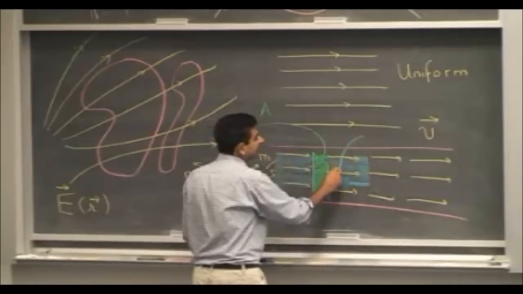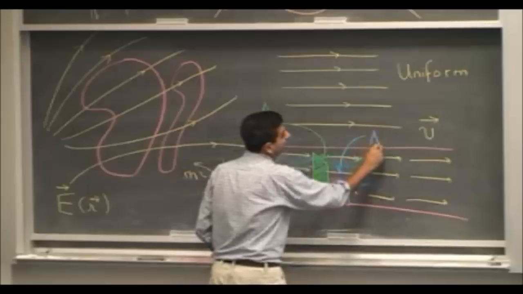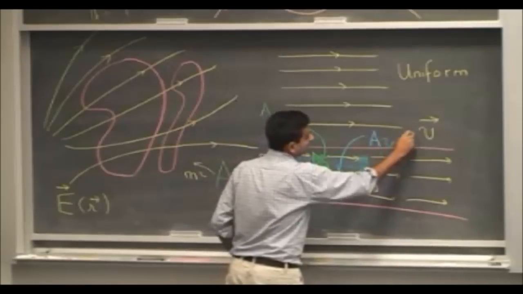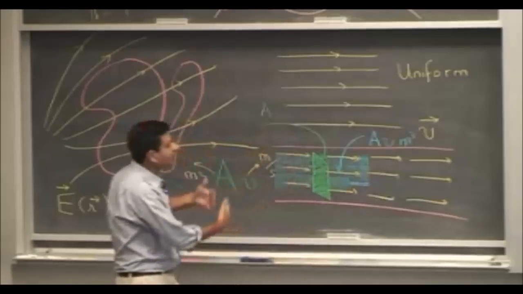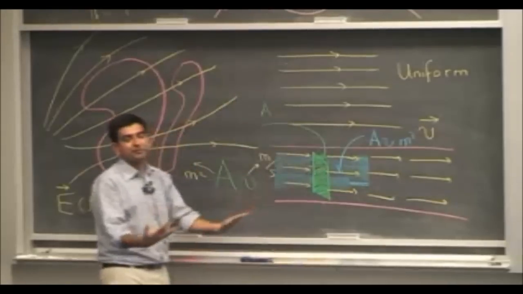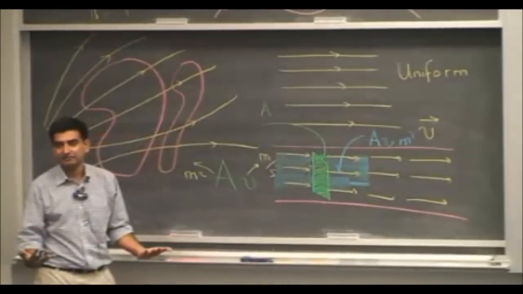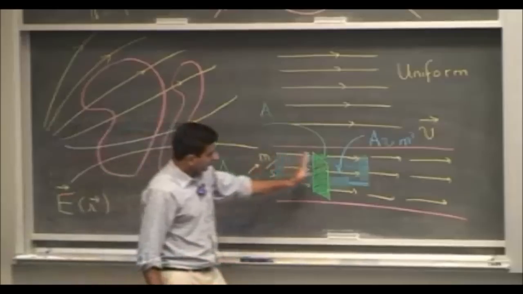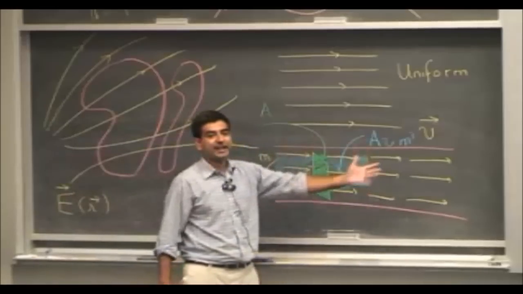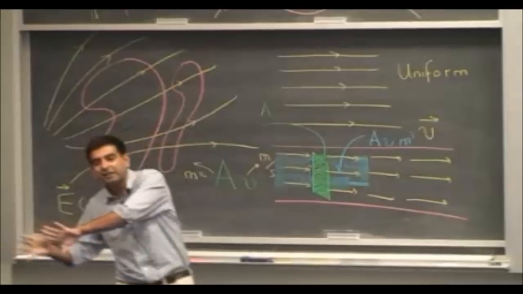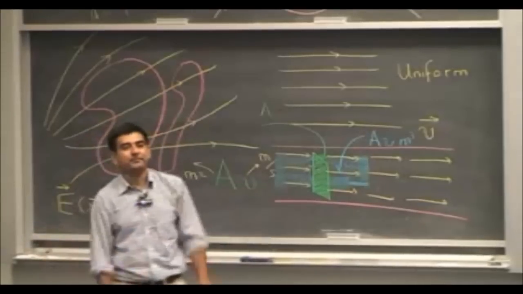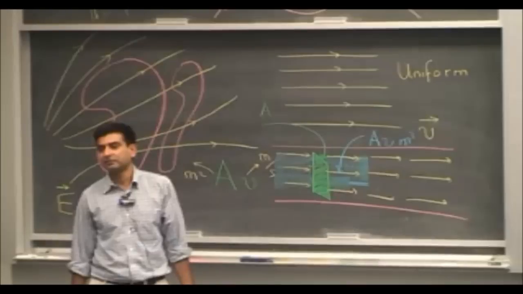This tank has volume AV meters cube, and this is the total amount of volume that has crossed this surface in 1 second. So I can draw a hypothetical tank of volume AV cubic meters that has traversed this surface in 1 second. Correct?